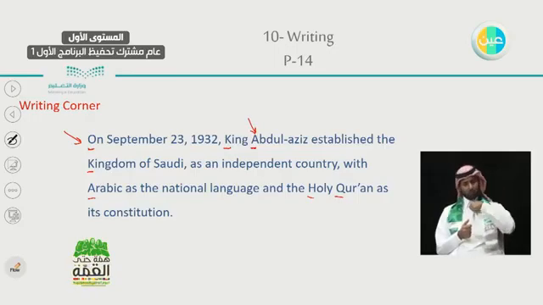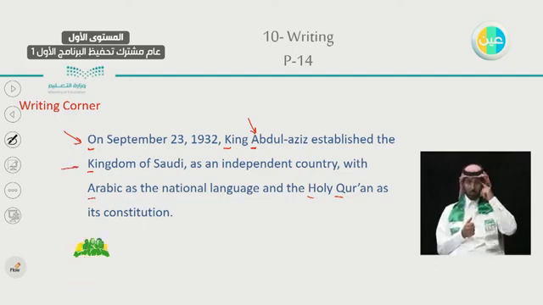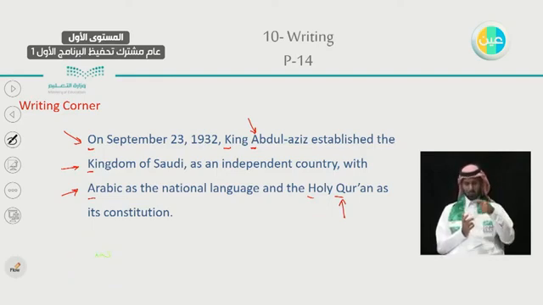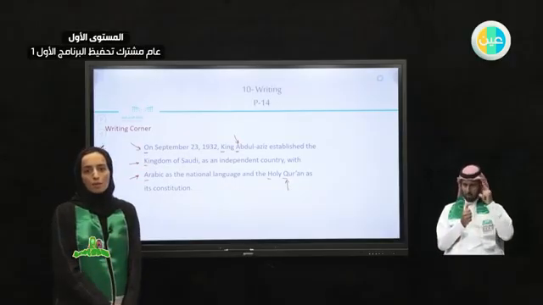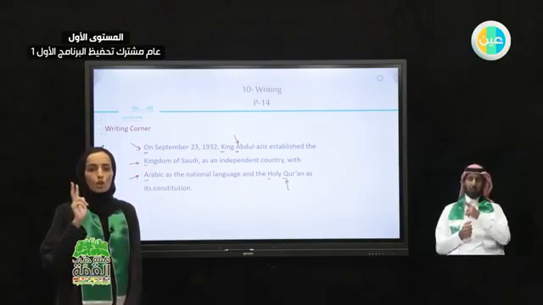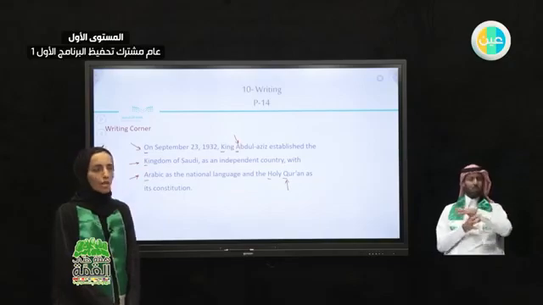And we have the name Kingdom of Saudi Arabia, the name of a country. Here, a name for what? For a language. Holy Quran is the name of the holy book. Anything that is important, you want to highlight, just write it in capital. Your name, the name of your country, or the name of your language.